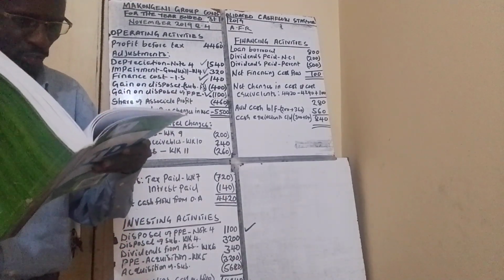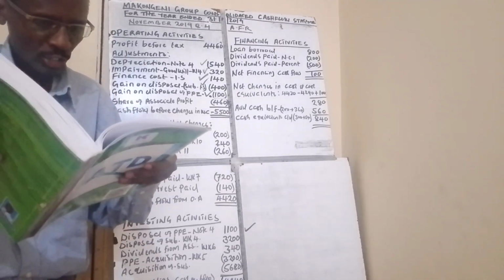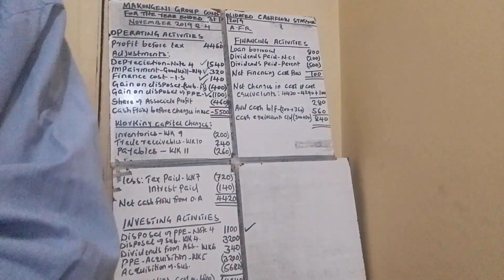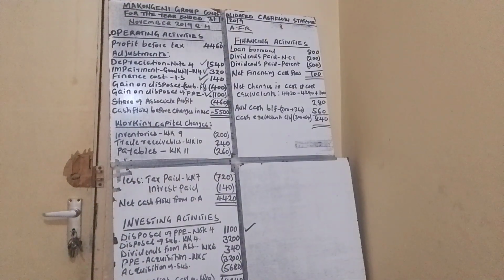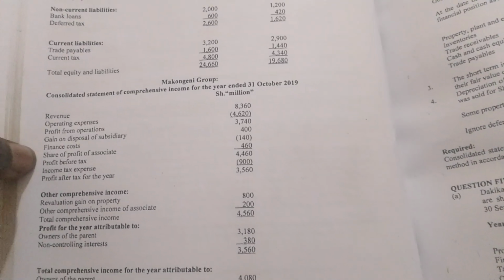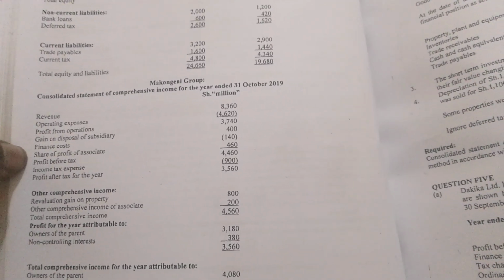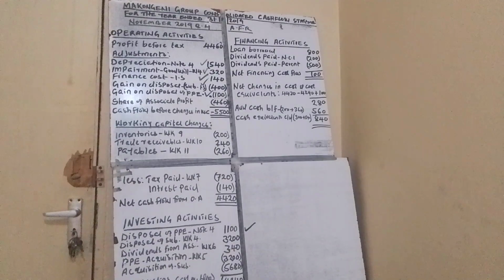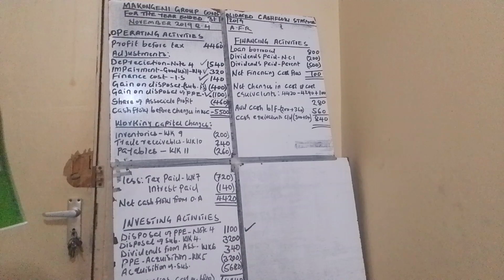Gain, that is a share of profit of associate, was 460. In arriving at the profit, which is above there, you see share of profit of associate, 460. That 460 was entered when calculating that profit which you have there.